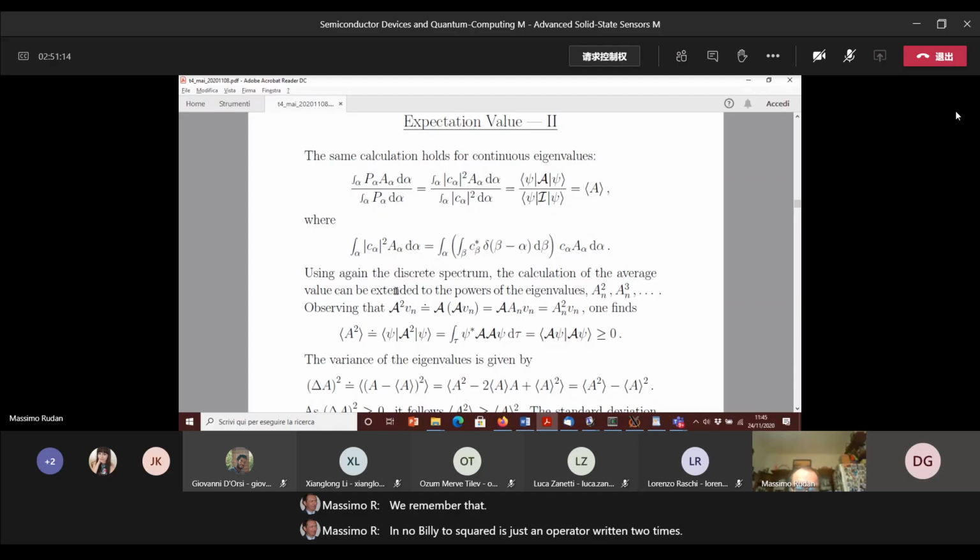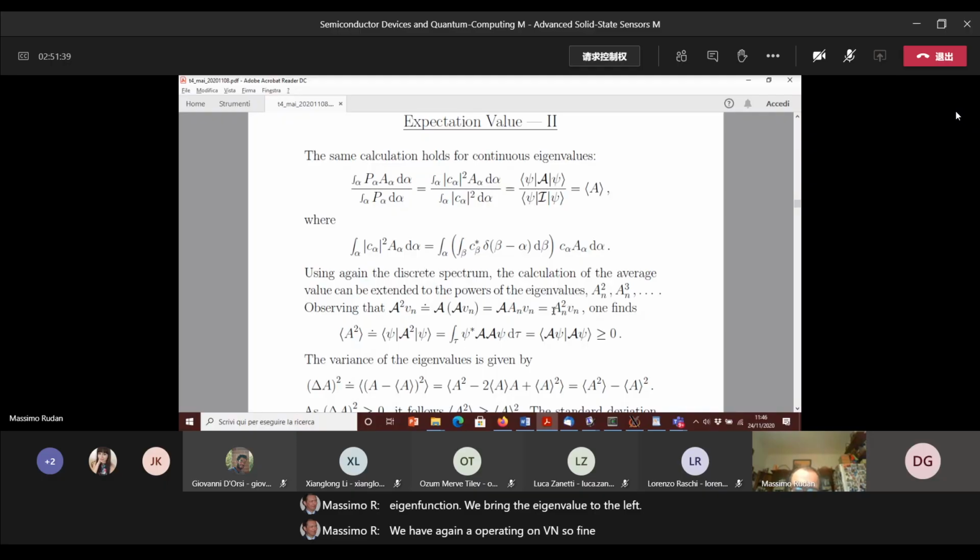So if we apply an operator squared to the eigenfunction of the operator, we have A followed by A operating on Vn. The quantity in parentheses is just the eigenvalue times the eigenfunction. We bring the eigenvalue to the left. We have again A operating on Vn.